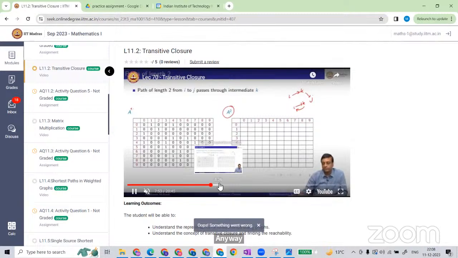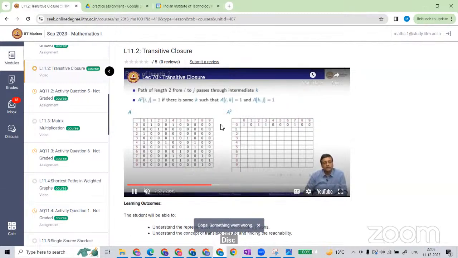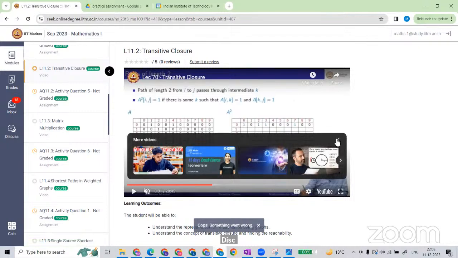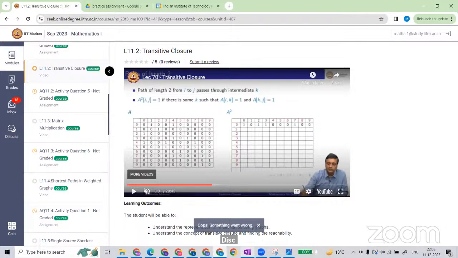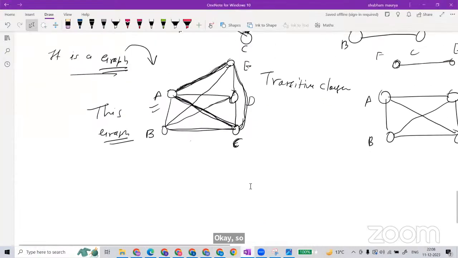Okay, so what is happening here? If you are not understanding, okay, this transitive closure we can easily compute with matrix multiplication.